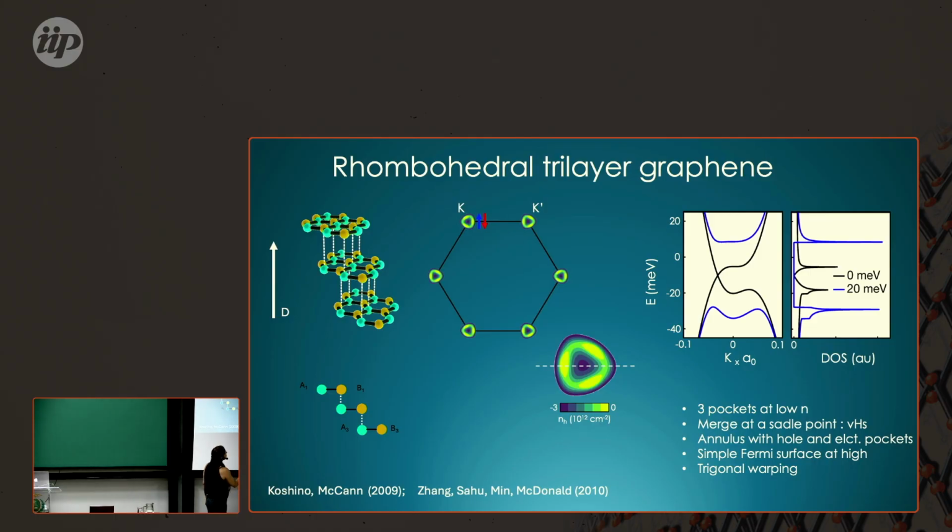Already without displacement field we have this van Hove singularity, but when we apply the displacement field, the band edges become flatter and flatter, and the van Hove singularity becomes sharper and sharper, so we have a very high density of states. The name of the game now is to bring the Fermi energy to this very sharp van Hove singularity and to look for a correlated state.